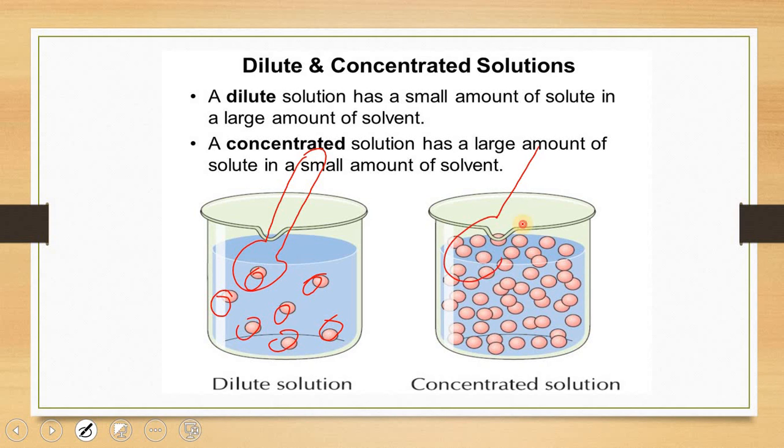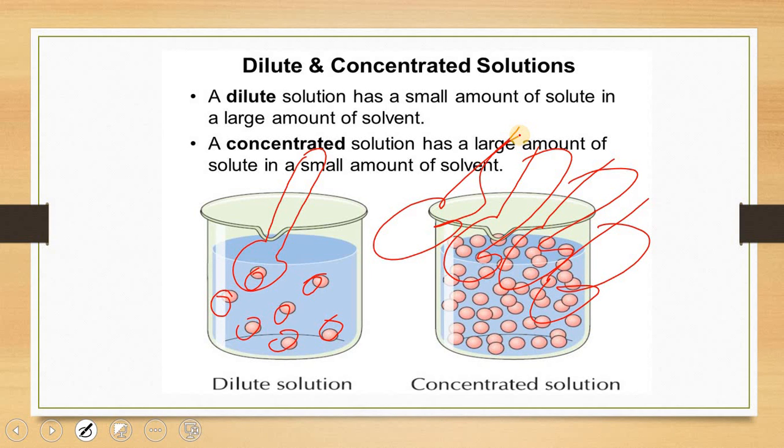So for example, maybe I put here 4 spoons of salt. So you can look here, you have a lot of salt. This is what it means by concentrated. Banyak sangat garam. If you put more, then it will be saturated solution. It will be maxed out.